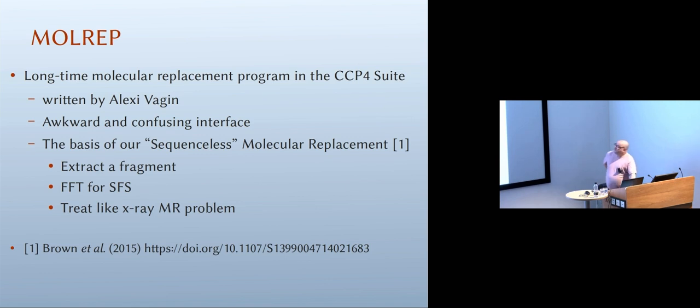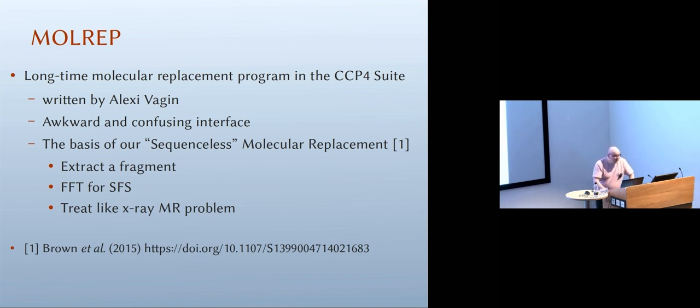It was, however, the basis of our sequenceless molecular replacement that we wrote up, or Alan in particular wrote up in 2015. Alan Brown, previously of this neighbourhood. Also mentioned by Ron a few days ago.